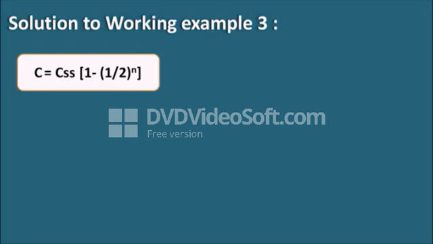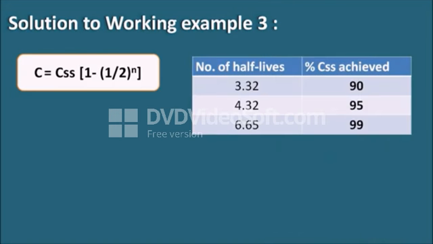3.32 half-lives will be required to achieve 90% of the CSS, 4.32 half-lives are required to achieve 95% of the CSS, and 6.65 half-lives will be required to achieve 99% of the steady state concentration.